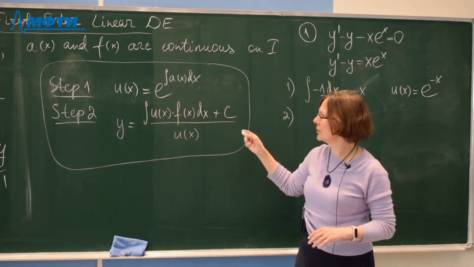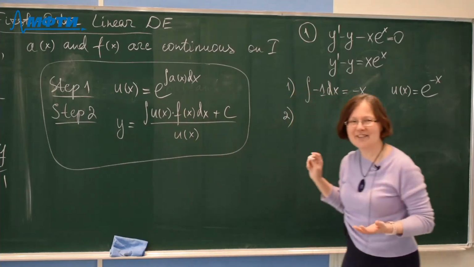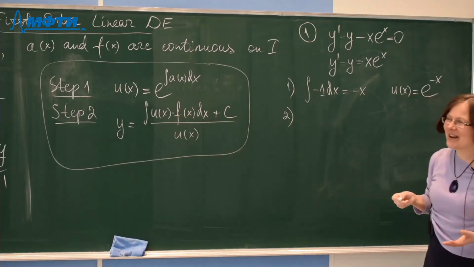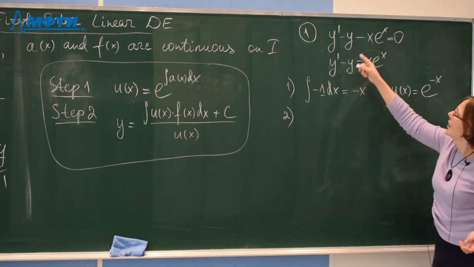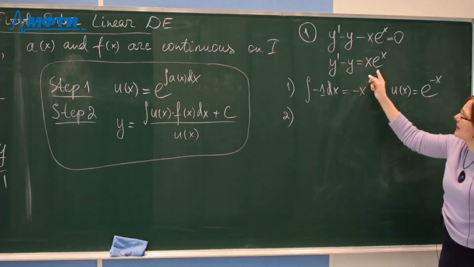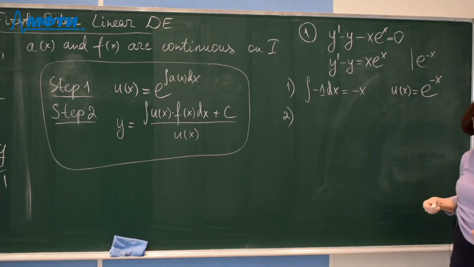I don't want to memorize this, but I have memorized it, and I recommend you to memorize the algorithm. It's better. So next, we must multiply both parts of this equation by e to negative x, right?